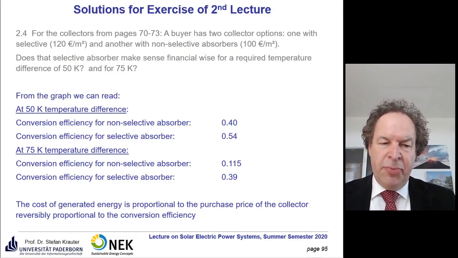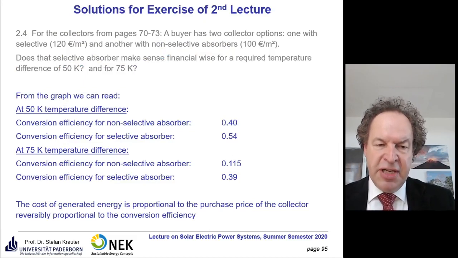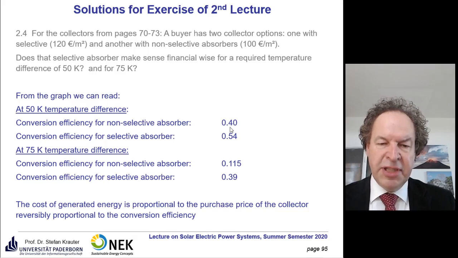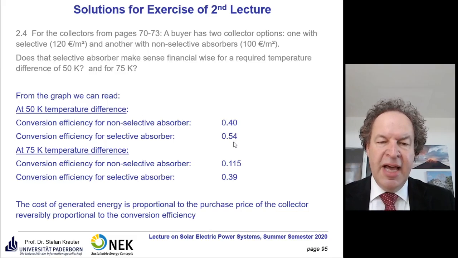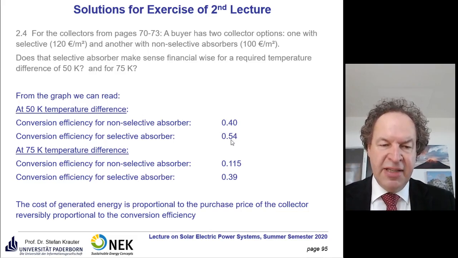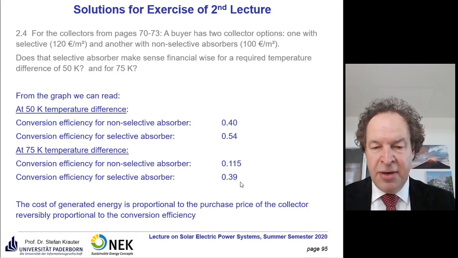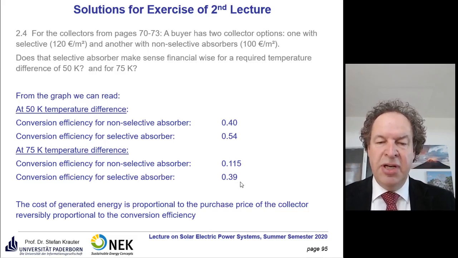We took from the graph the conversion efficiency at 50 Kelvin: 40% for the non-selective absorber and 54% for the selective absorber. At 75 Kelvin temperature difference, the exact number is 11.5% for the non-selective absorber, while the conversion efficiency with the selective absorber is significantly higher, 39%.